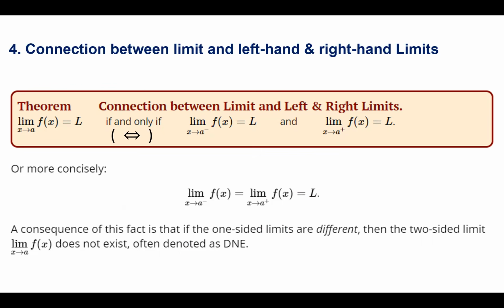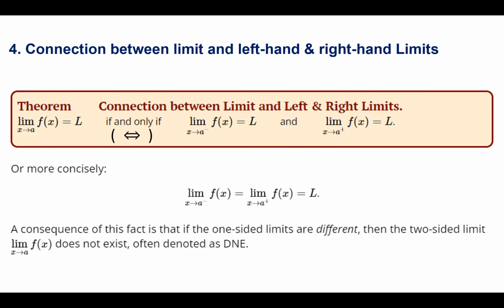The limit of function f(x) when x approaches a equals L if and only if the limit of f(x) when x approaches a from the left side equals L, and the limit of f(x) when x approaches a from the right side also equals L.